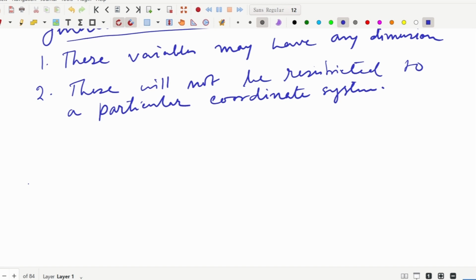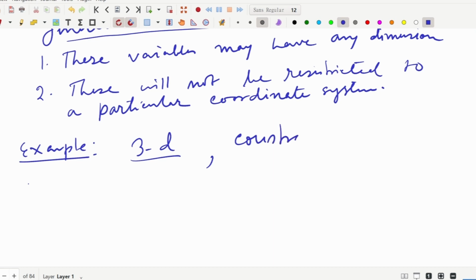So again, let us consider a few examples. If I consider three-dimensional space with the constraint that a particle moves on the surface of a sphere, this is the constraint equation, because the particle moves on the surface of a sphere.